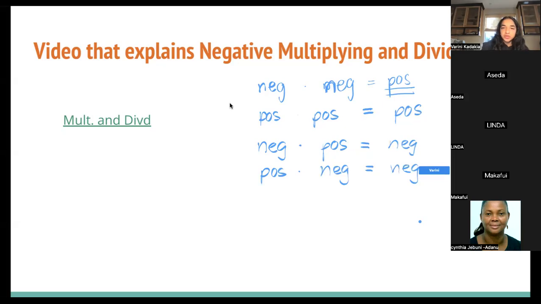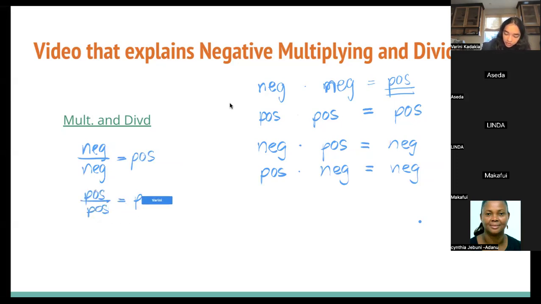And the same thing works with dividing. If you have a negative number divided by a negative number, you get a positive number. If you have a positive number divided by a positive number, you get a positive number. If you have a negative number divided by a positive number, or a positive number divided by a negative number, they both give you negative numbers.